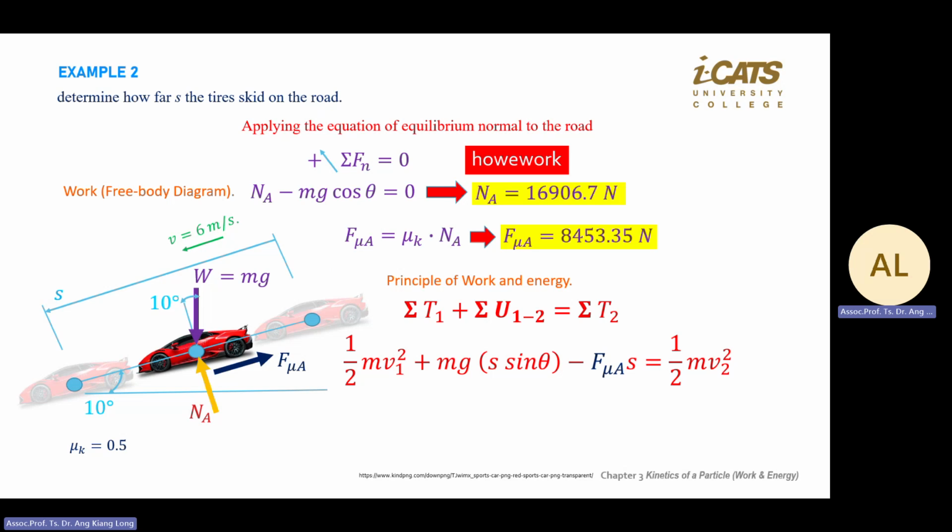So work done is all the forces and the distance traveled. As long as you have a force that goes parallel with the distance, you have work. So W multiplied by the distance, mg sine theta multiplied by s, and then friction force multiplied by the distance, negative. So the rest is substitution.